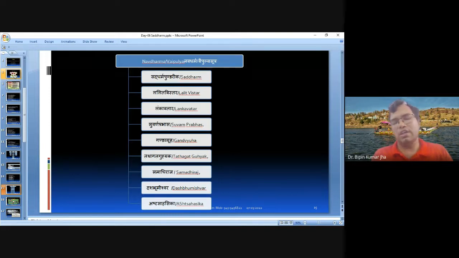You can say either Navadharma, which means there are nine different ones, you can count here 1, 2, 3, 4, 5, 6, 7, 8, 9. Or Vaipulya Sutra. Vaipulya is derived from Vipul, which means enlarged, Vishal or Vipul, there are so many things.